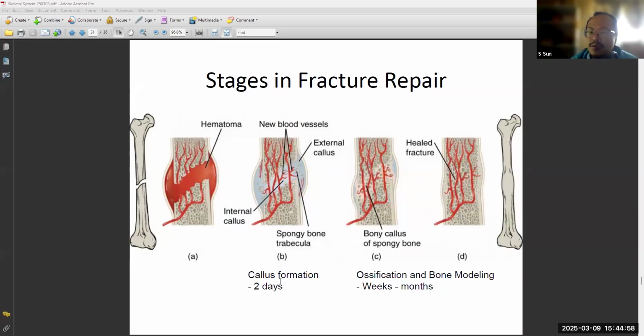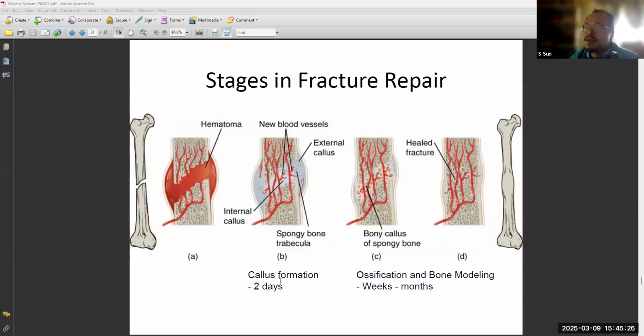Here is what we have. What you need to know is that what makes bone heal is the chondrocytes, which form the cartilage. Then osteoblasts come in, mineralize it, and create the connection.